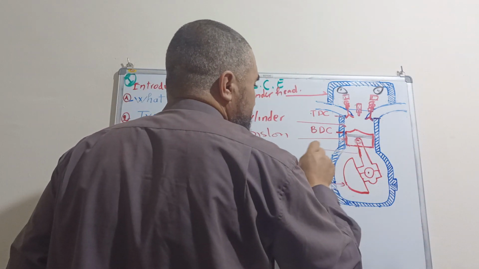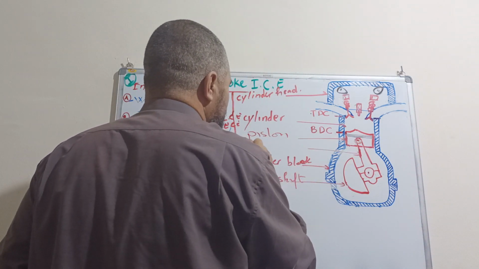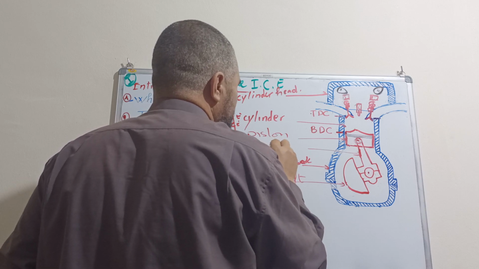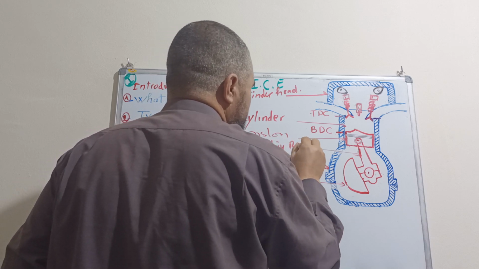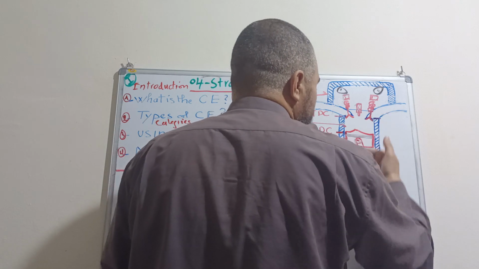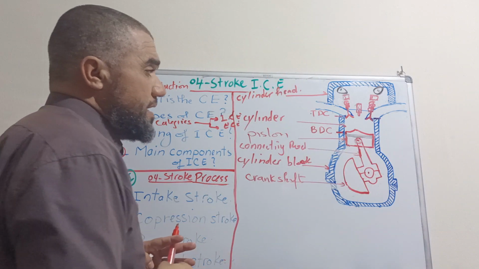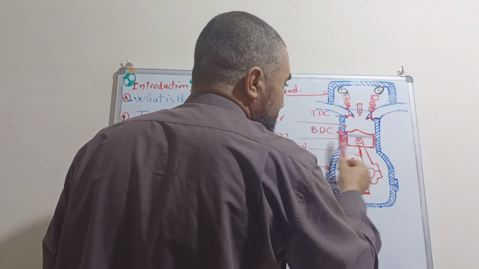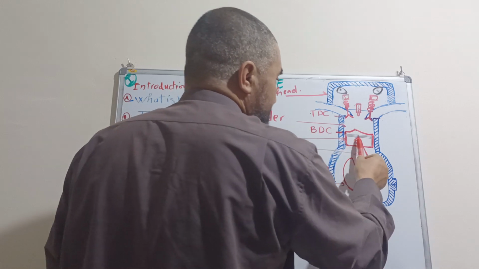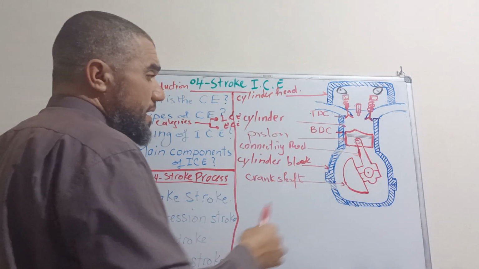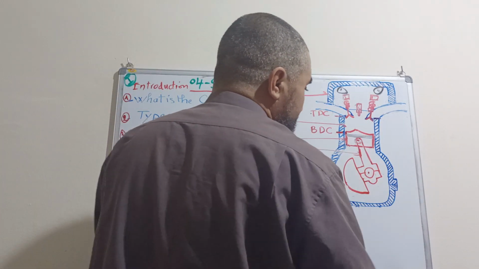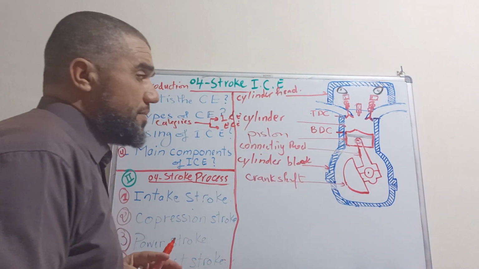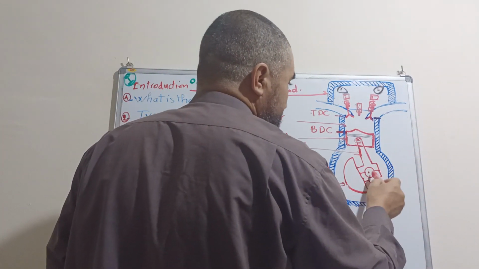And here, this is the connecting rod. It is the linkage between the piston and the crankshaft. It has a small end and a big end. The small end connects to the piston by means of the piston pin, and the big end connects to the crankshaft by means of the crank pin, as you can see here.